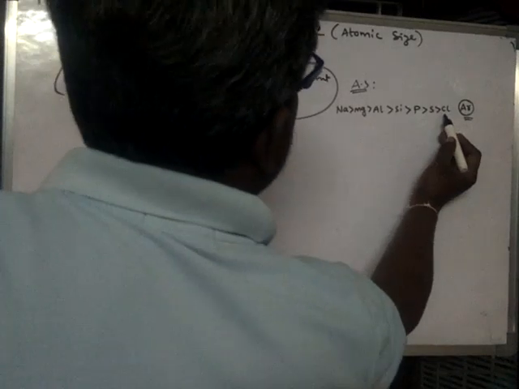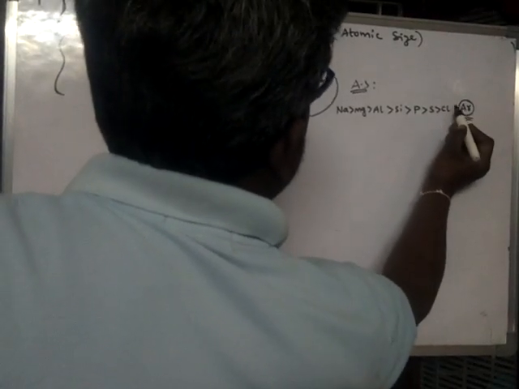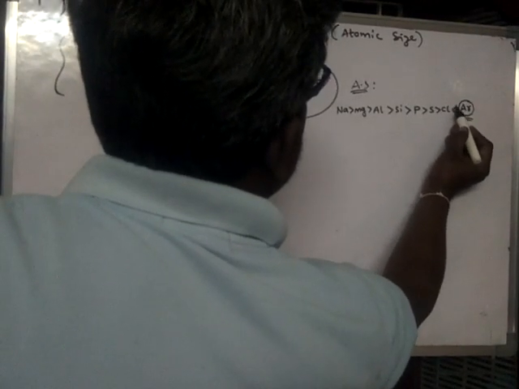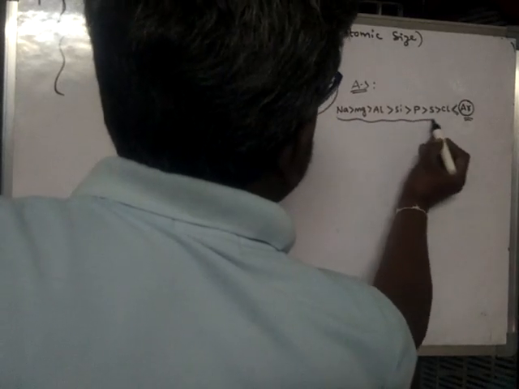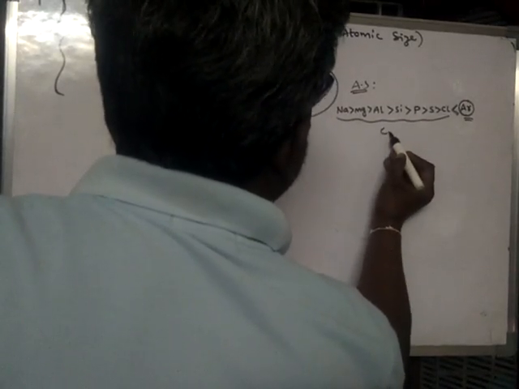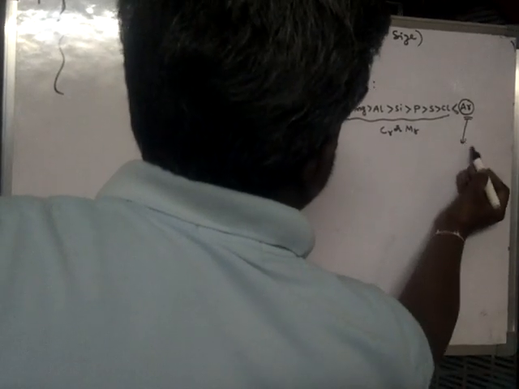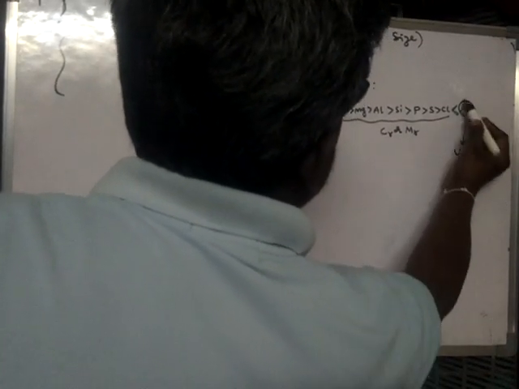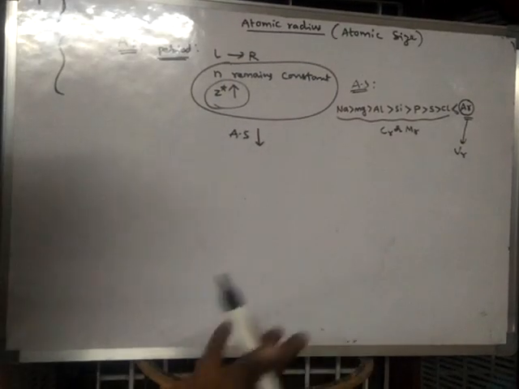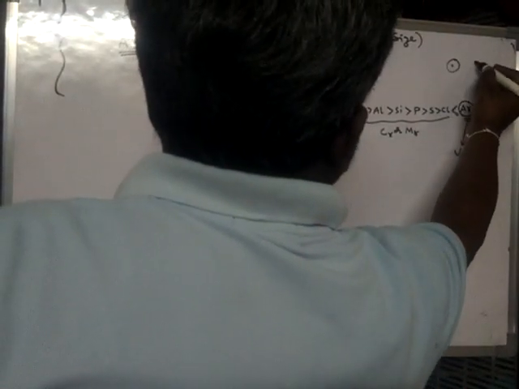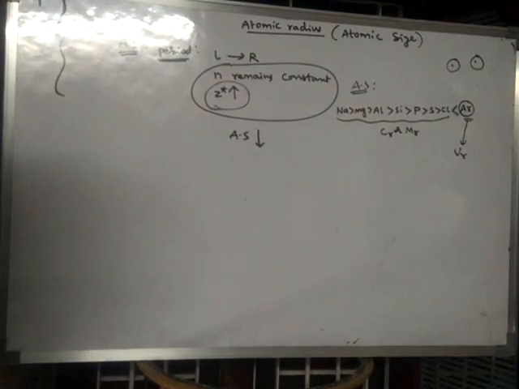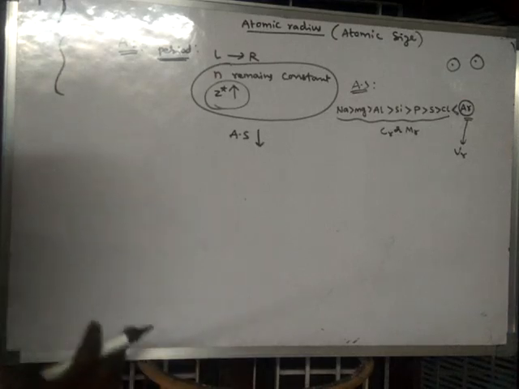Thereupon from chlorine to argon, the size increases again, because up to here we consider only either covalent radius or metallic radius, but here we calculate van der Waals radius. Argon is an inert gas, so one argon atom and another argon atom do not form any bond, they do not even touch.